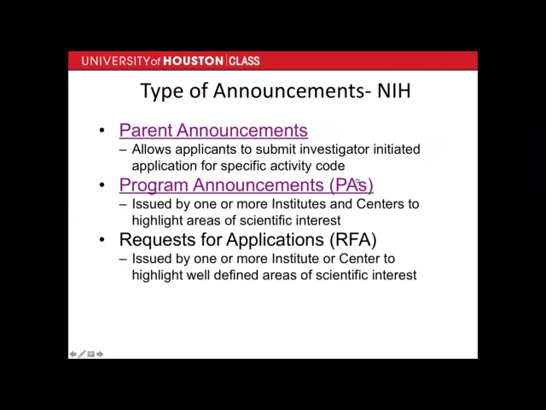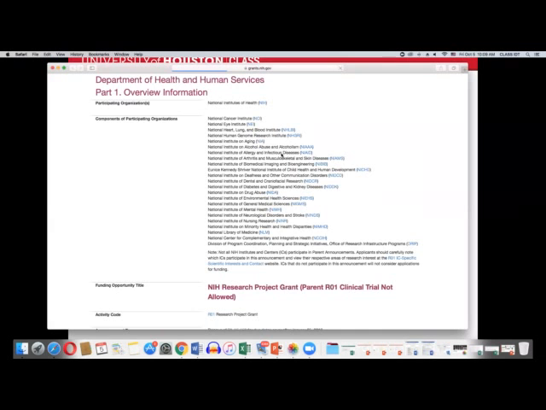But we'll go ahead and take a look at a parent announcement just so you guys can get an idea. When you look at them at first glance, a parent announcement and a program announcement don't really look all that different, but that's where digging into the details and really paying attention comes in handy. So basically, this is our parent announcement.